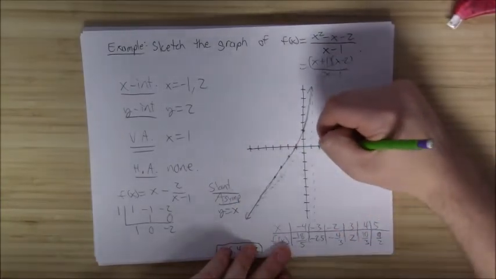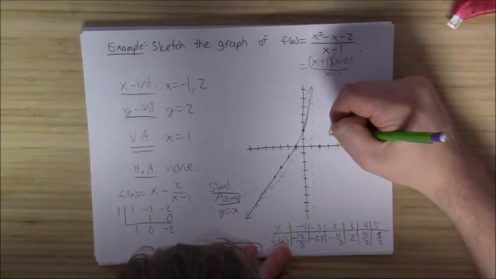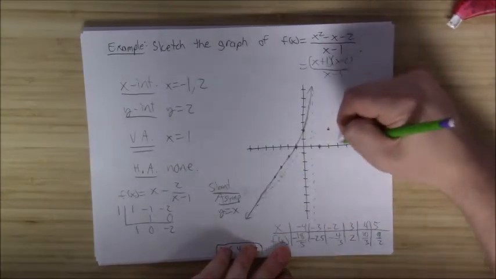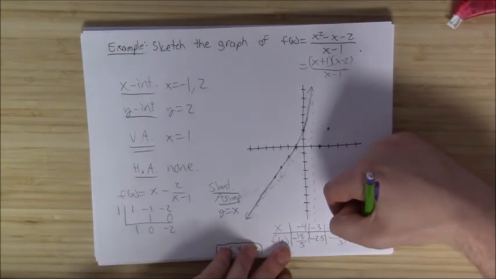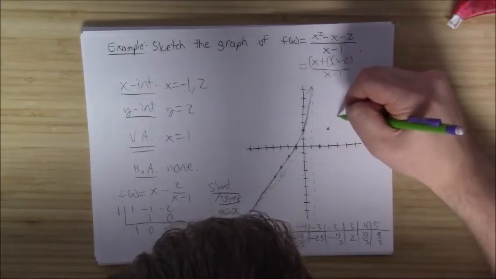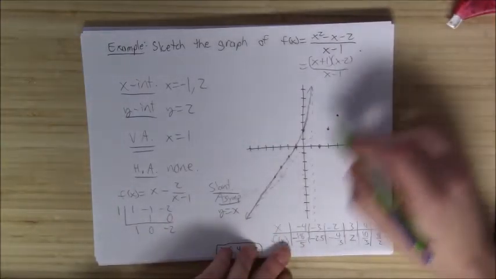At 3, we're at 2. Then at 4 we're at 10/3, so that's 3 1/3, which is about there.